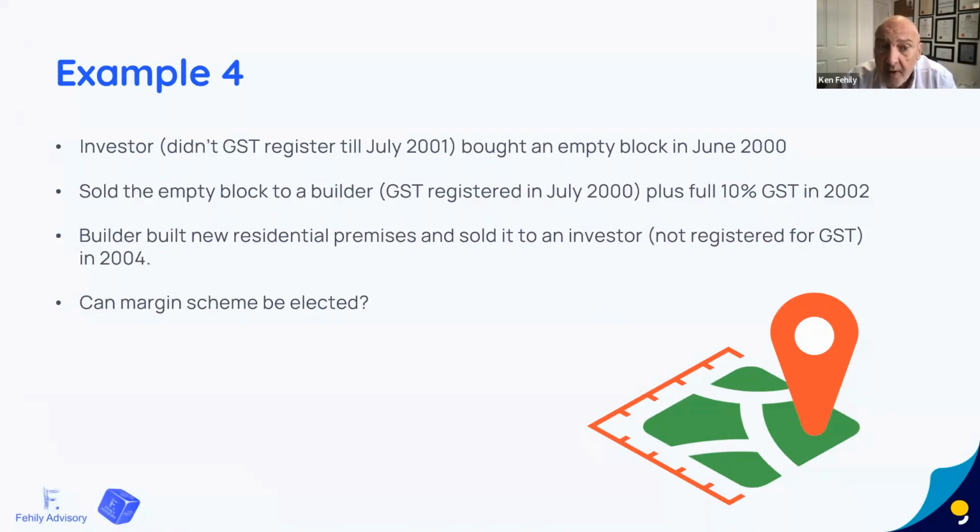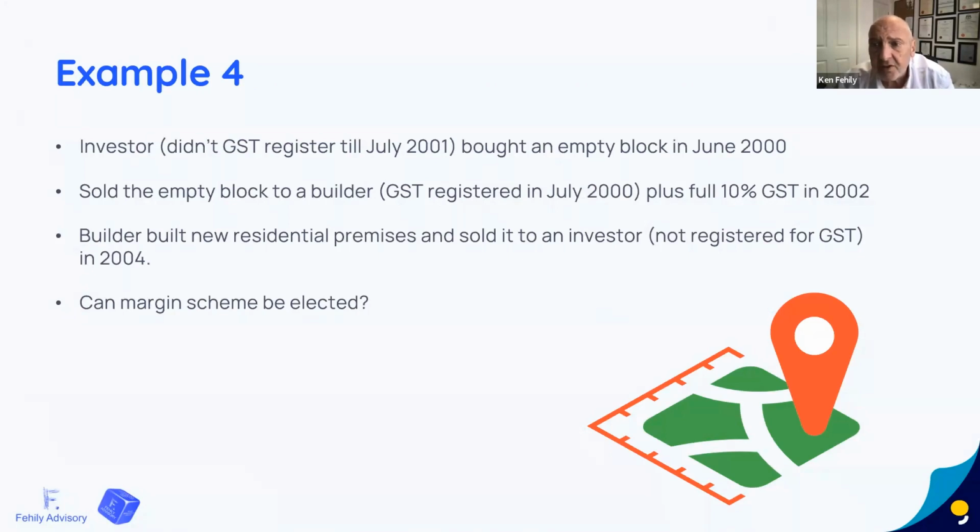Now, I didn't say whether the builder buying it for 10% GST claimed GST back or not. They would have got a tax invoice plus 10% GST, and because the next builder built new residential premises to sell to an investor, they were entitled to claim GST back as a credit.